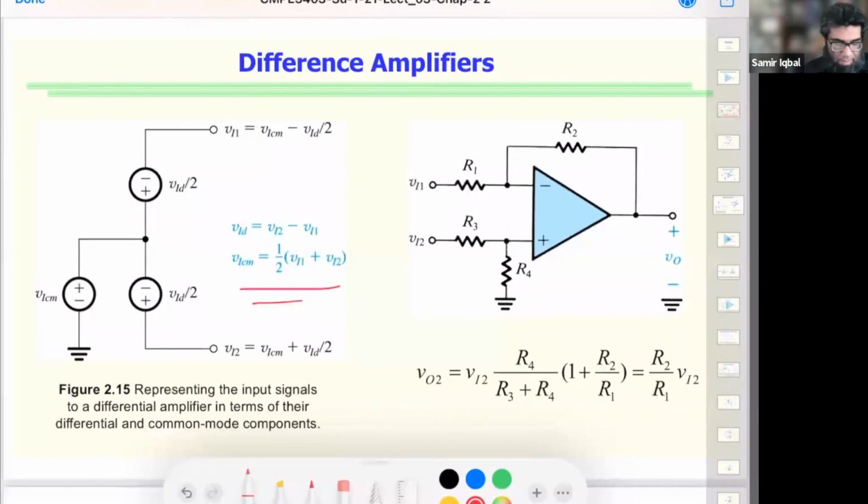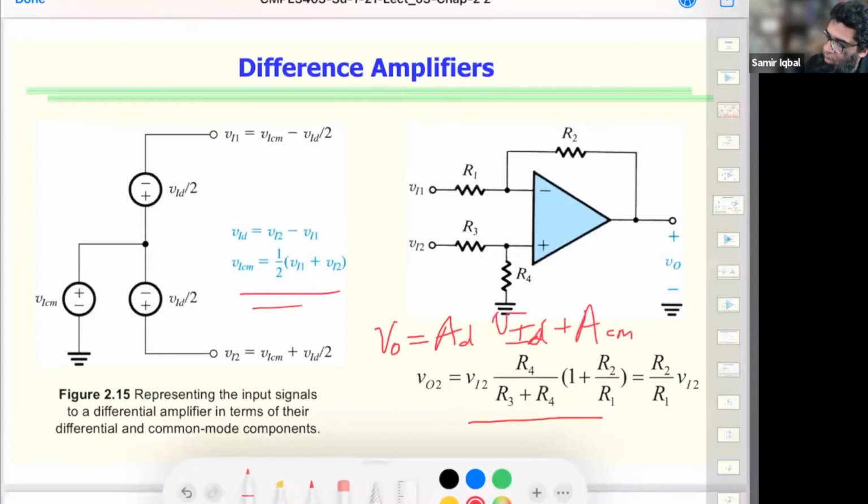Practically, the output is the differential gain times the differential signal plus the common mode gain times the common mode input.